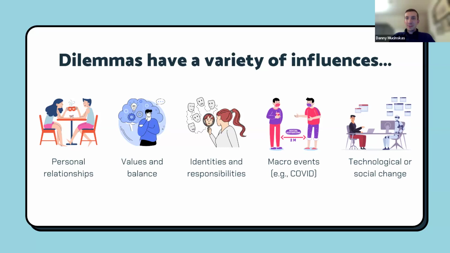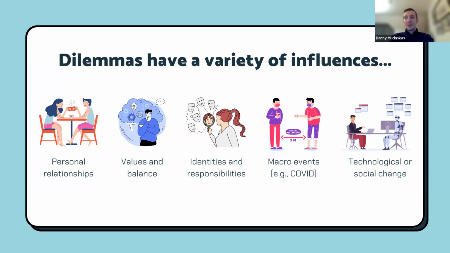How can I protect others who are around me? How can I do my work, or make that visit to a family member in this situation? So those types of situations can cause us to consider trade-offs. There are other macro events, for example, certain political circumstances, that also often cause people to feel a dilemma.